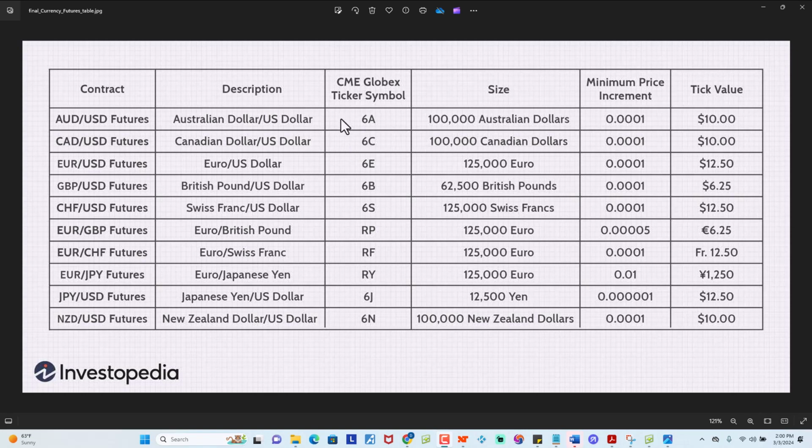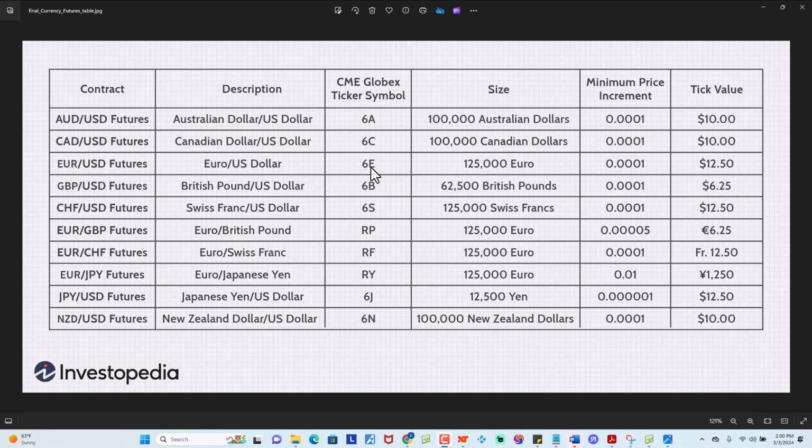First thing: on the futures side, there are different symbols from the ones you used in Forex. For example, AUD USD is 6A, and the most common one that everyone knows, Euro USD, you can see on this side here is 6E.